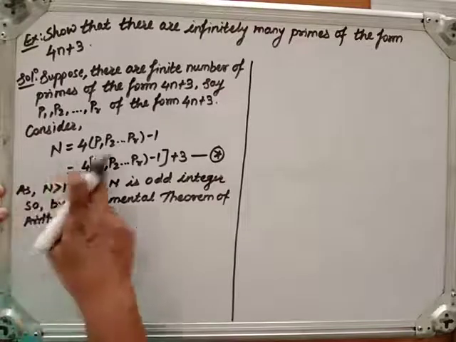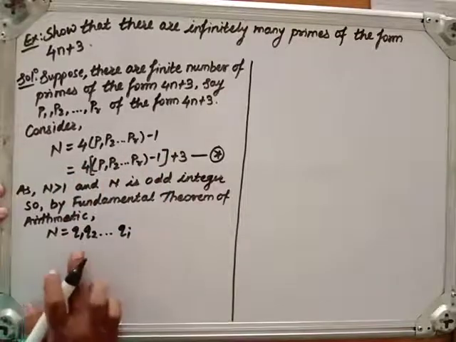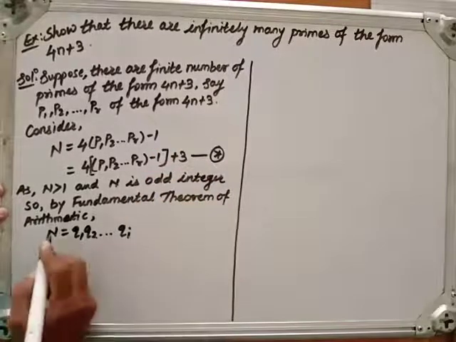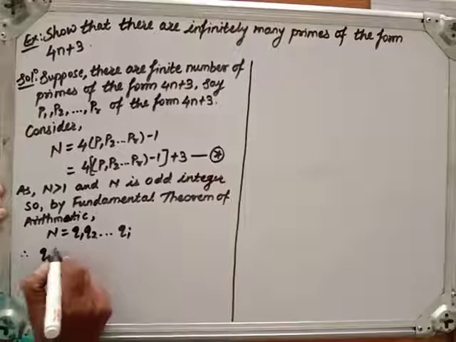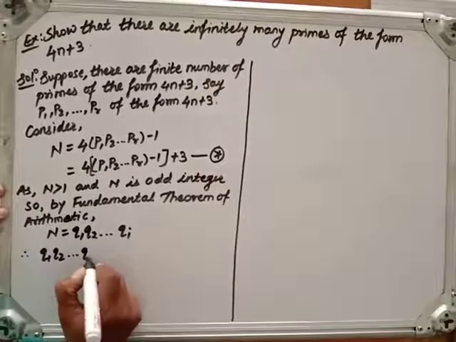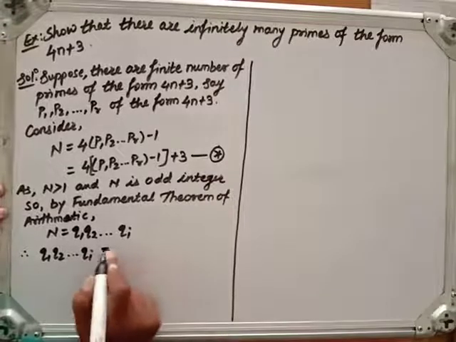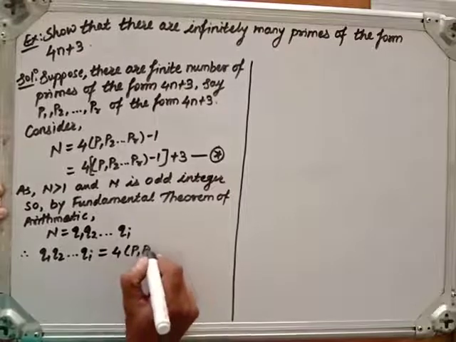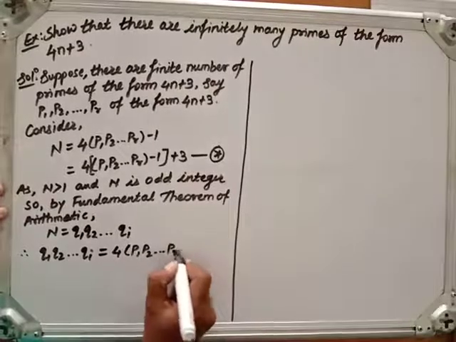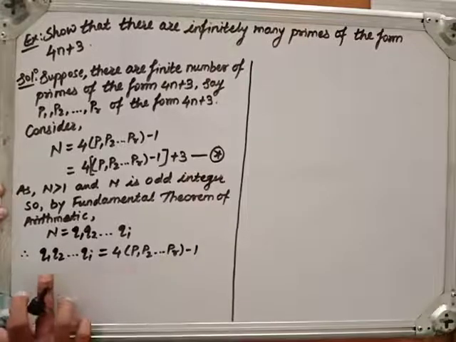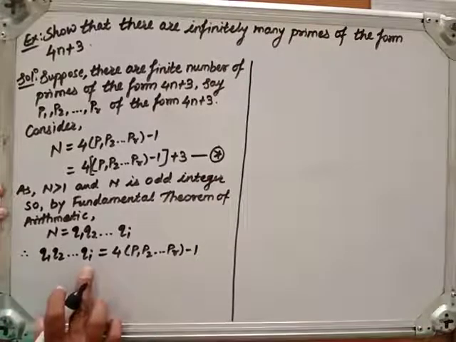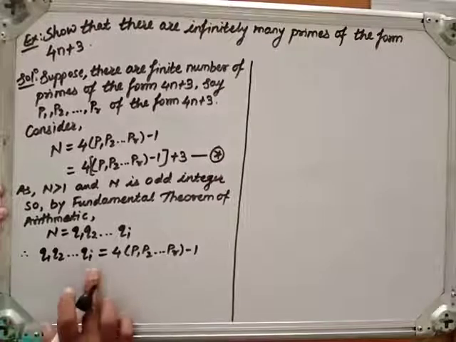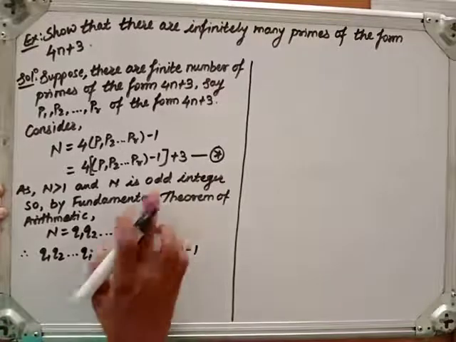Now n can be written as this one, that is our assumption, and n will be this one using the fundamental theorem of arithmetic. So both of these are the same. Therefore we get q1q2...qi is equal to 4p1p2...pr minus 1. Now obviously these pi's and these qj's are different, and none of the qj is 2 because n is an odd integer.